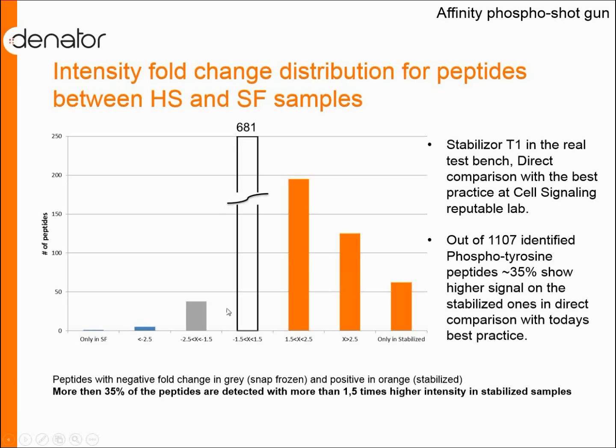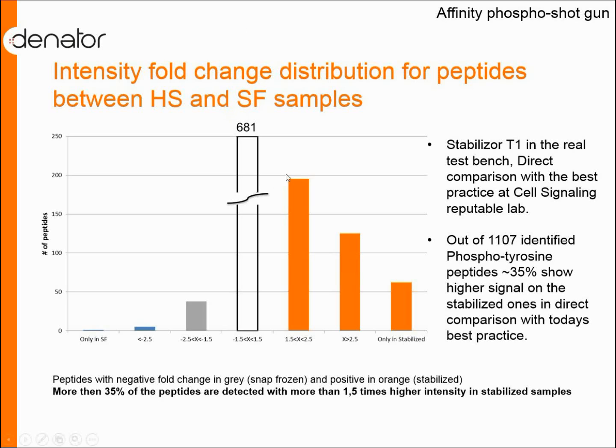And what we see here is the distribution in the intensity ratio between the heat-stabilized samples compared to the snap-frozen samples. The majority, roughly 2/3, show similar intensities between the two sample types.